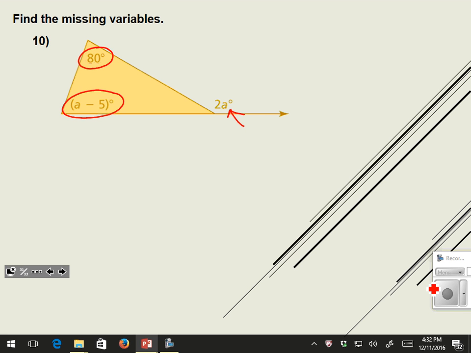So 2A, oopsie, 2A, the exterior angle is equal to the sum of the two remote interior angles. So 2A is equal to A minus 5 plus 80.